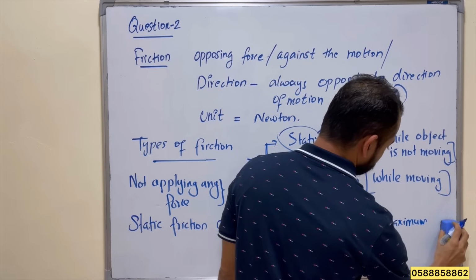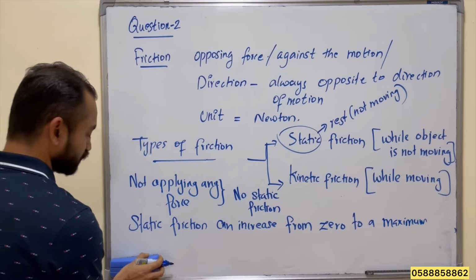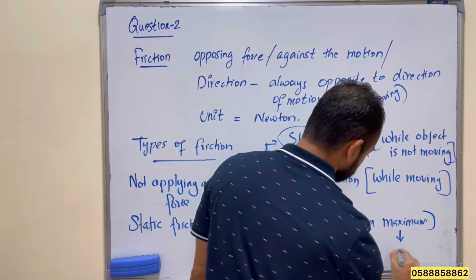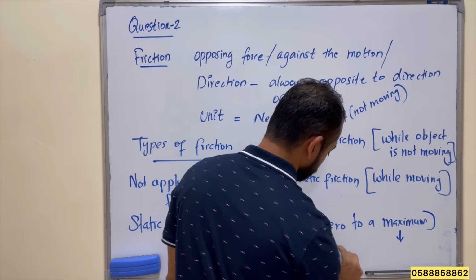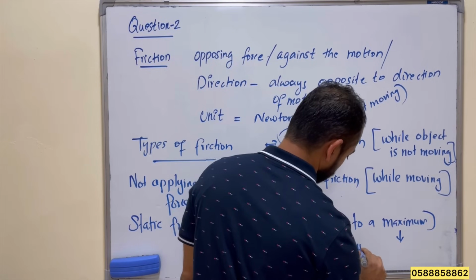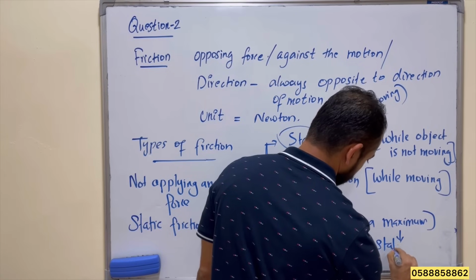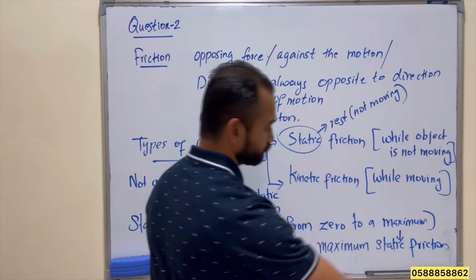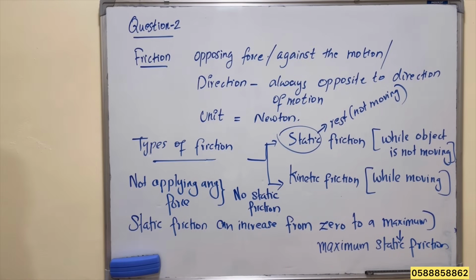Means there is a maximum value for the static friction. After that it cannot increase. Okay, from 0 to a maximum. This maximum is called maximum static friction.